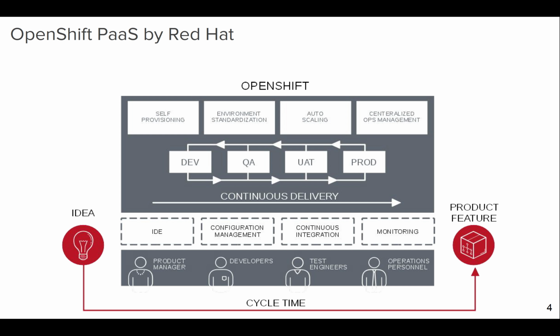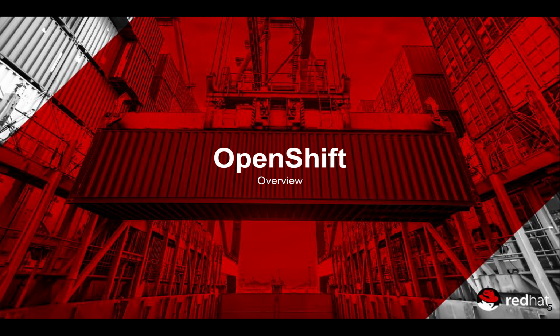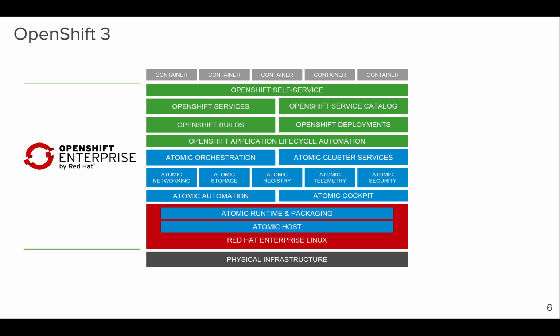But before we go into that, let's have a brief overview of what OpenShift comprises. OpenShift runs on top of any infrastructure, whether physical or virtual, running on top of Red Hat Enterprise Linux.